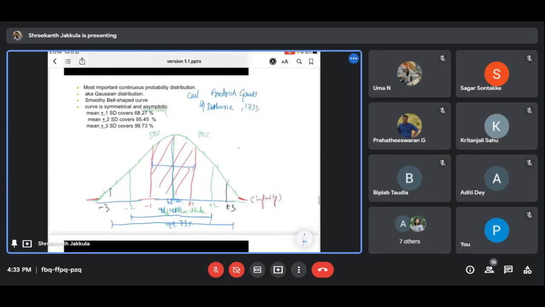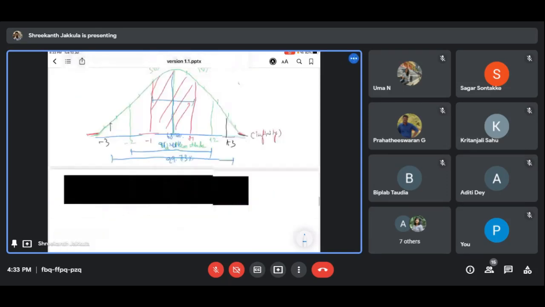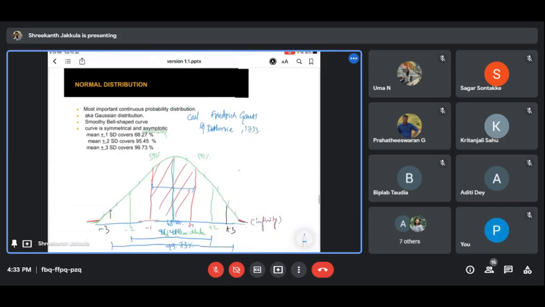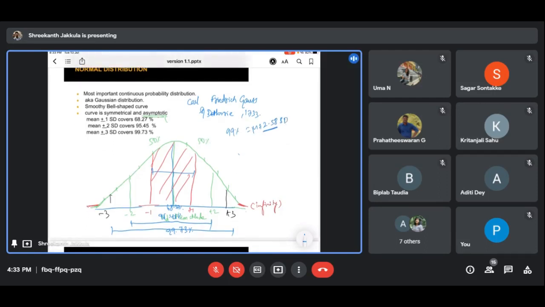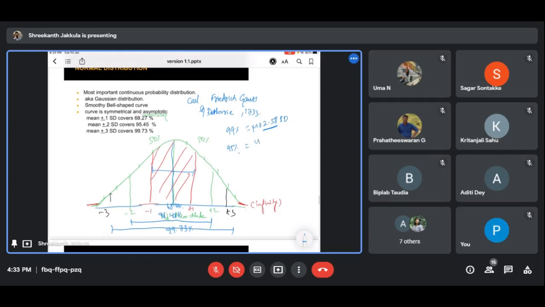Apart from this, we have to know some values. For 99%, it falls within 2.58 standard deviations. The values I am writing here will be important during your mathematical calculations in problem solving, so better you write them somewhere else. For 95% of observations, it falls within 1.96 standard deviations, which is the most common value we use.